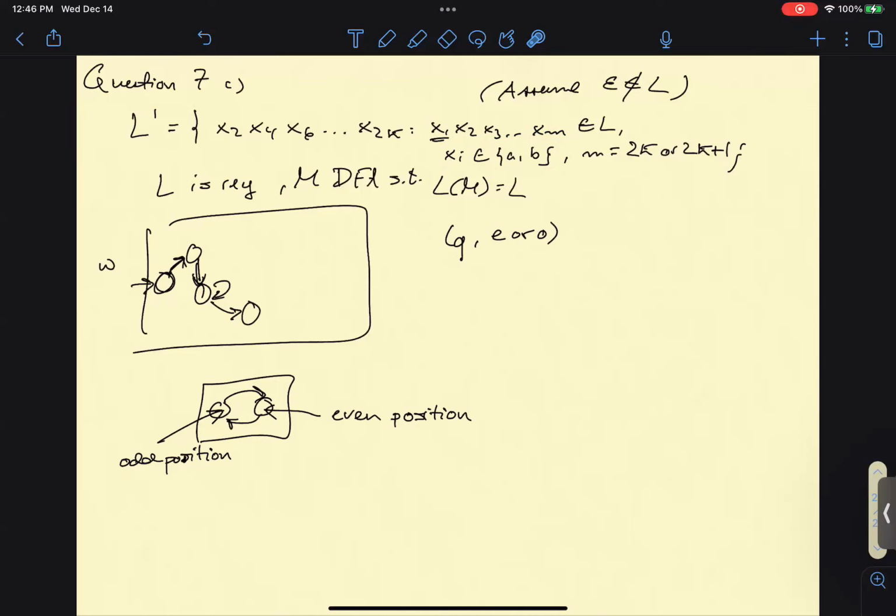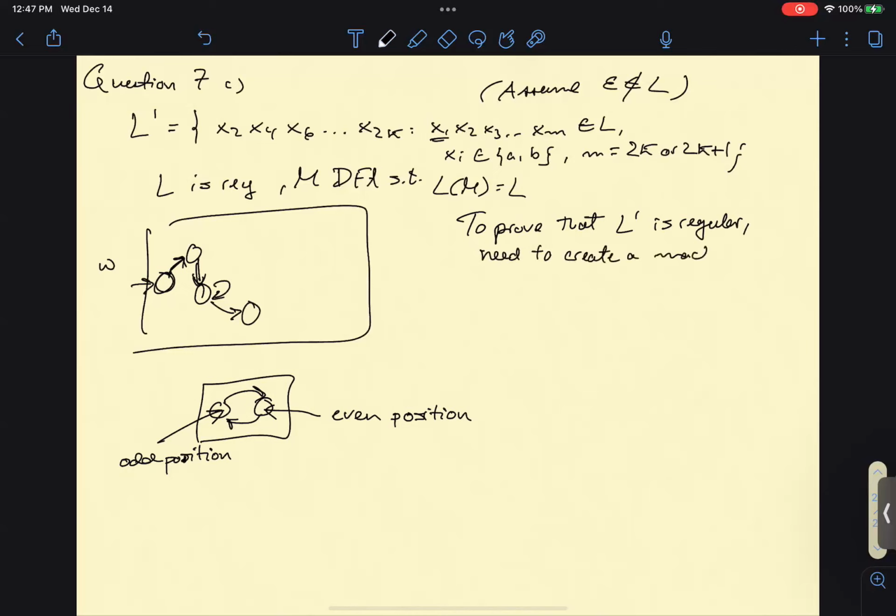Okay. Well, is the intuition clear? Okay, so what I want to do here is simulate this with an extra machine. To prove that L prime is regular, I need to create a machine, let's call it M prime.